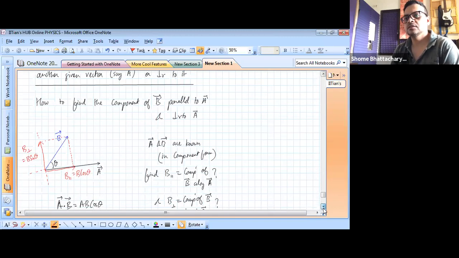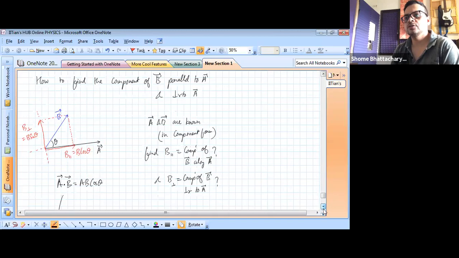So this is the method and how to find the component of B parallel to it and the component of B perpendicular to it. First of all, you understand what these components are. So if A and B are two vectors which are non-collinear, then from B's head, if you drop a perpendicular on A, the projection that it draws, that is the parallel component. And therefore, the perpendicular one is the perpendicular component.